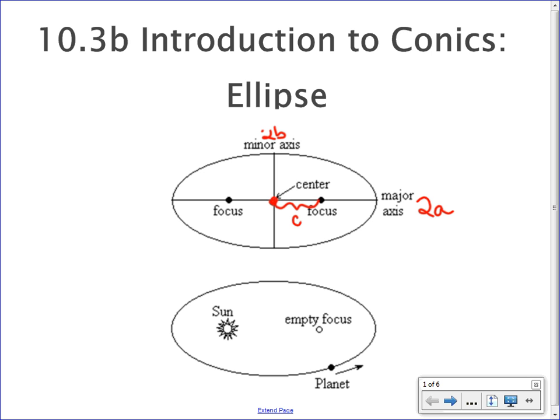And here's just an ellipse of a planet orbiting the sun. Planets orbit in elliptical patterns, so this is why it is applicable. Anybody in astronomy? Astronomy, have you talked about orbits of planets? You talk about their shape?